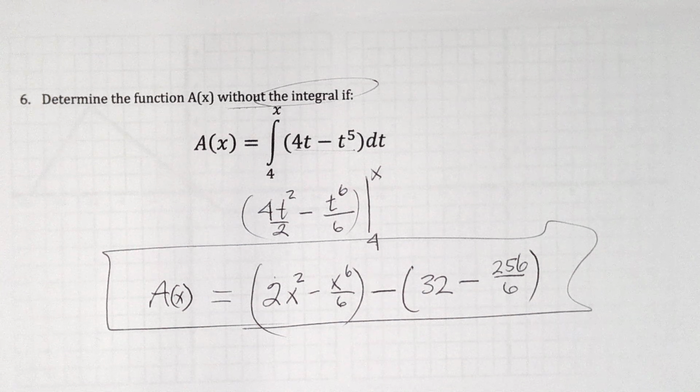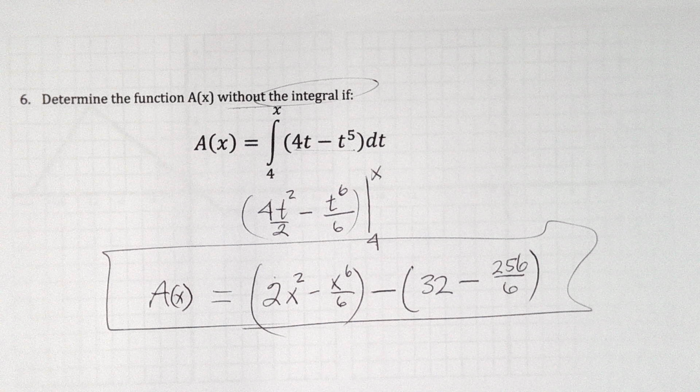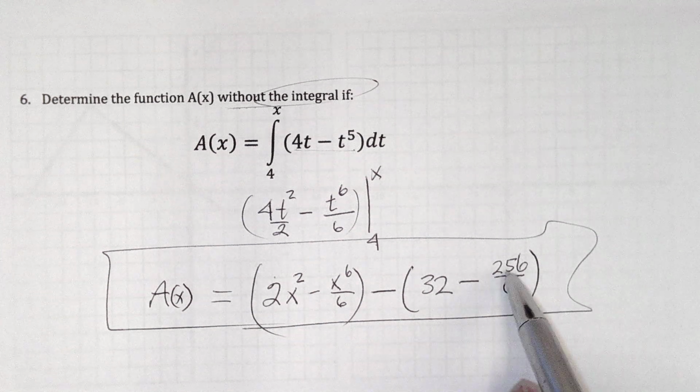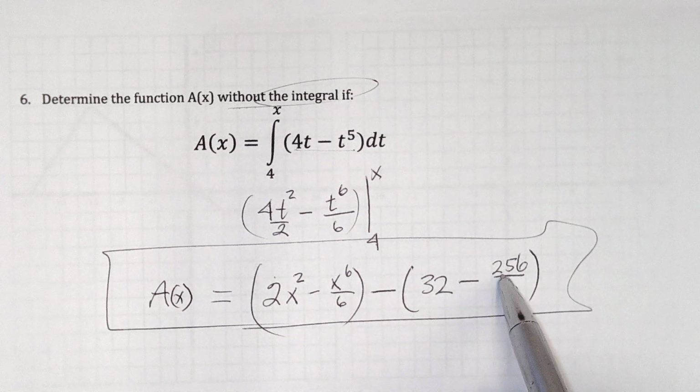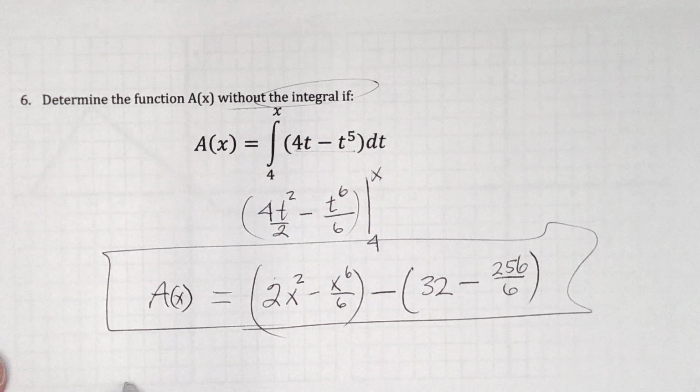Let's see. I've got to check. 4 times 4 is 16 times 4 is 64 times 4 is... 4 to the 6th. I don't think it's 256. 4, 4, 4, 4, 4, 4. That's 16 times 16 times 16.